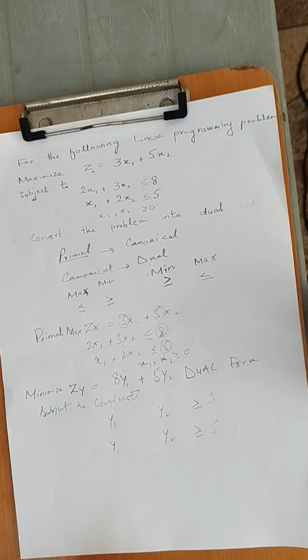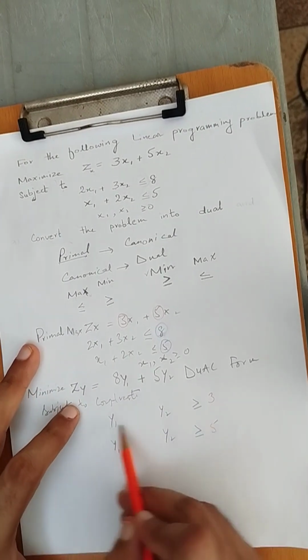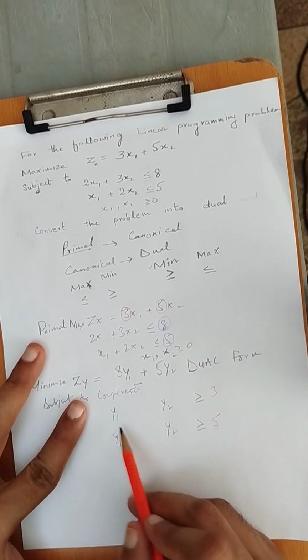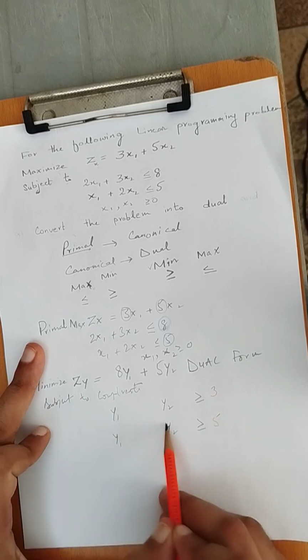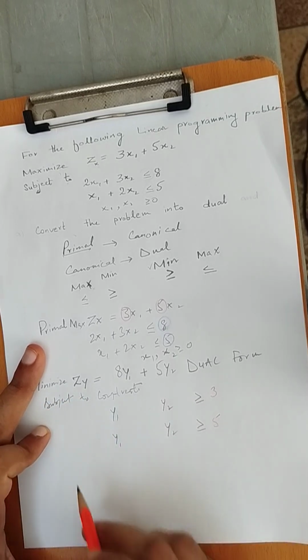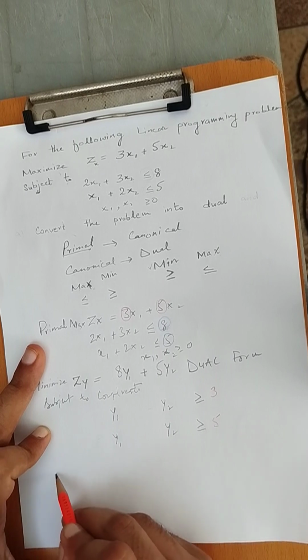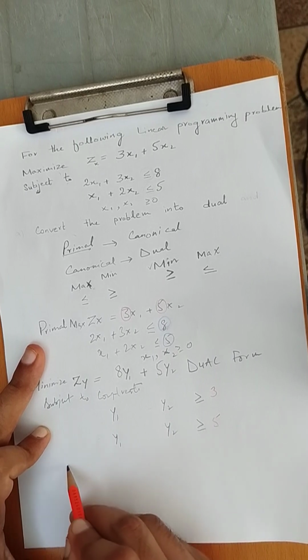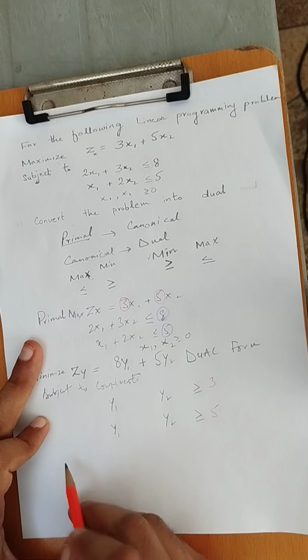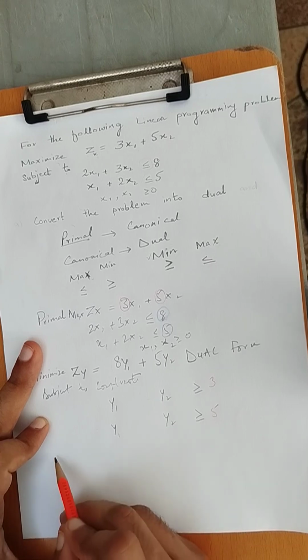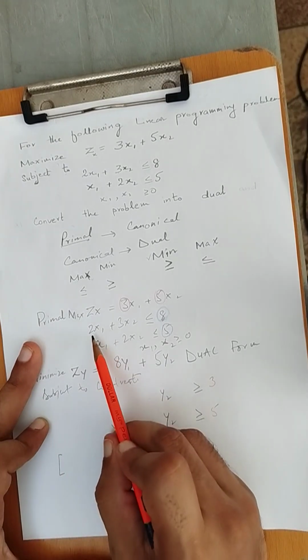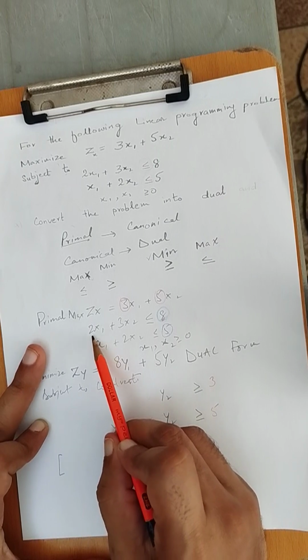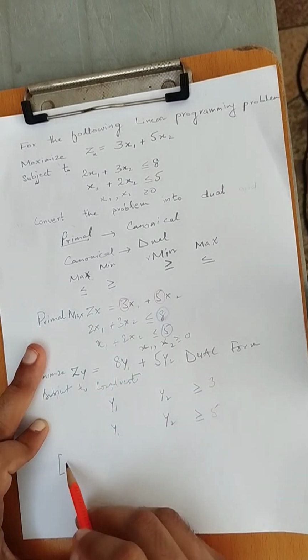So now we talk about what will be the coefficients of the constraints. The coefficients of the constraints have to be found with the matrix. First we need to develop a matrix of the primal function. 2, 3 coefficient.